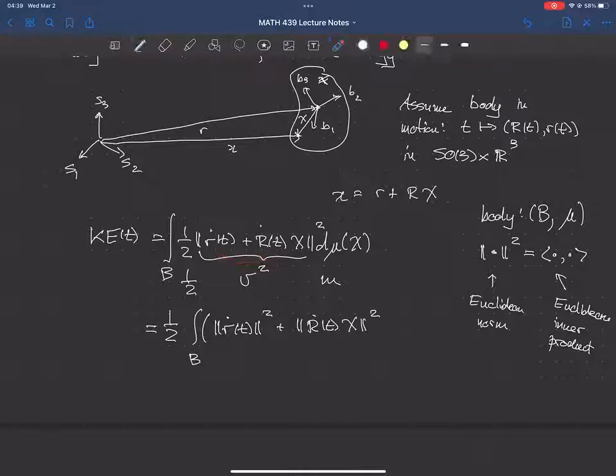That'll appear with a factor of 2 because you'll get the inner product of this with this, and then you'll get the inner product of this with this, and then by symmetry it's the same thing. Okay, so you get 2 inner product of r dot of t, r dot of t, chi, and then d mu chi. All right.